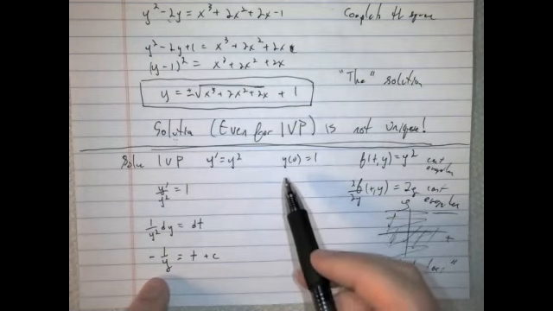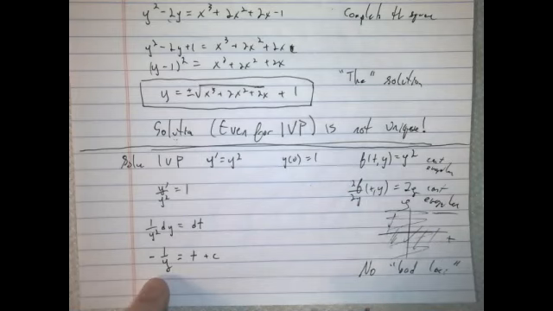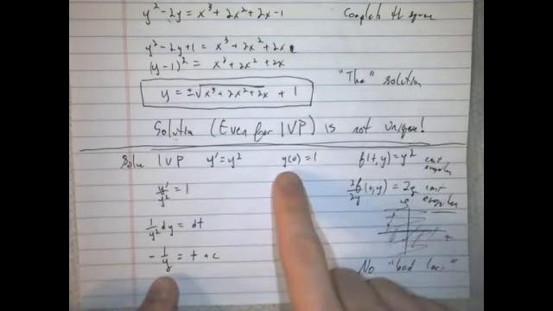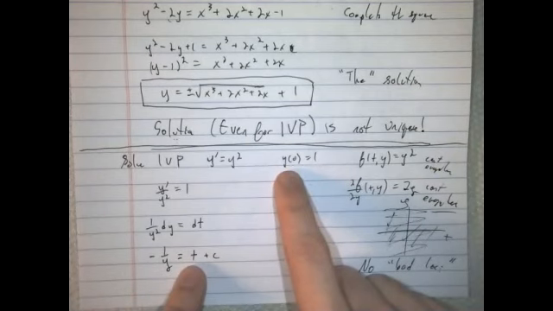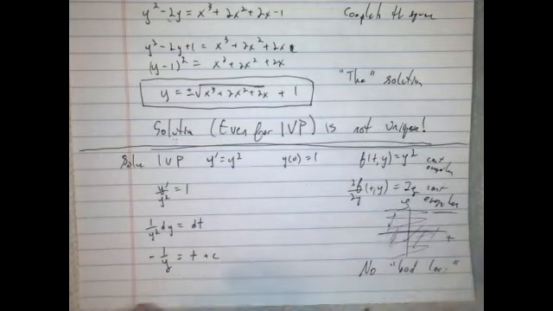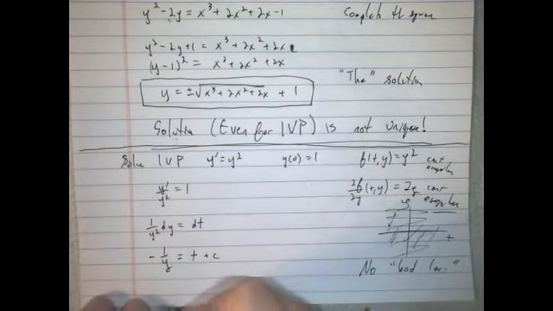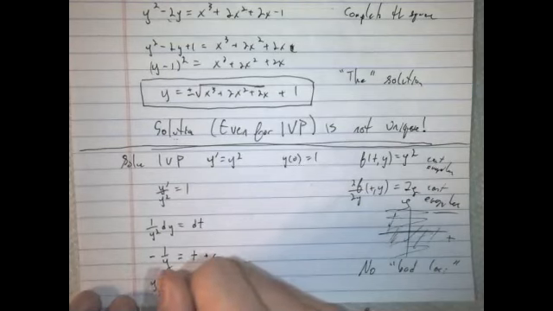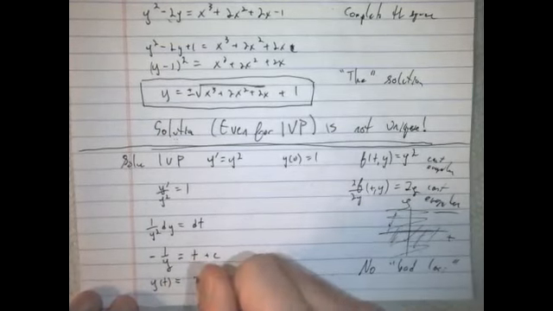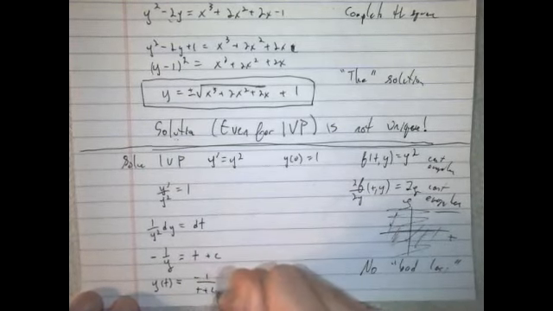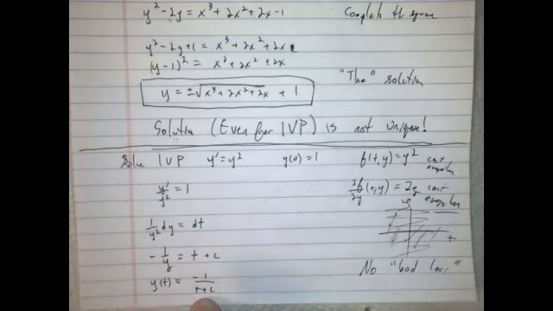We know that y of 0 is going to be 1, so we can already solve for c. We're going to get y of t is equal to negative 1 over t plus c. And I want 1 to be equal to whatever I get when I plug in 0 here.